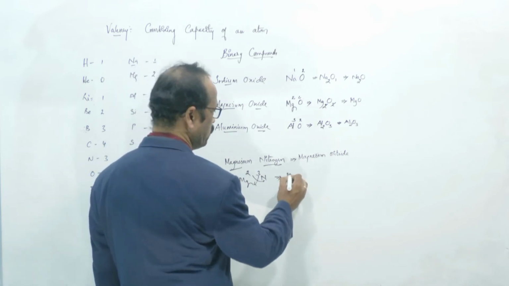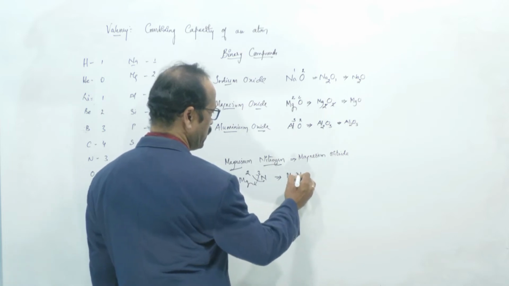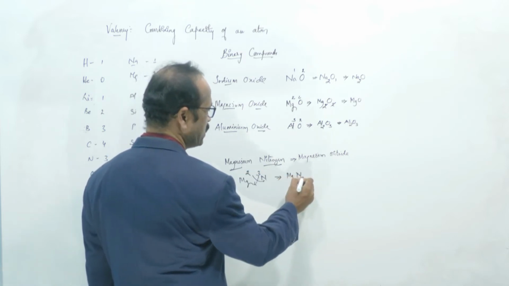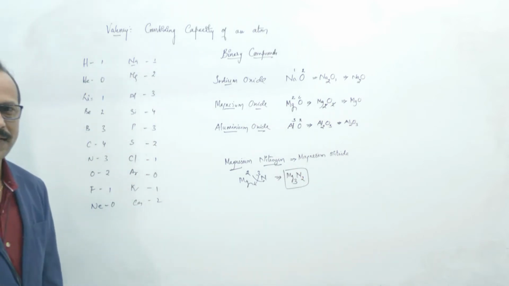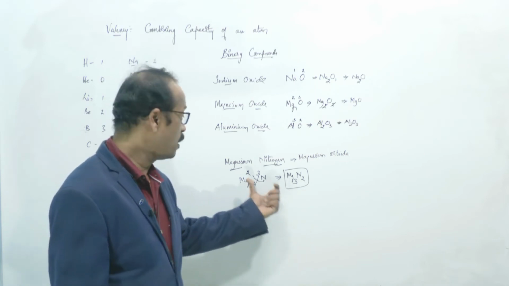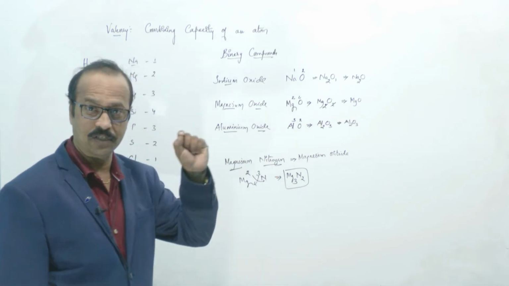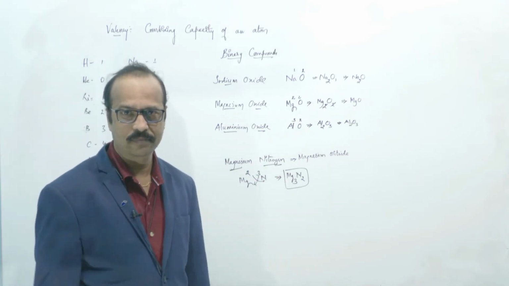So for magnesium we write 3, and for nitrogen we bring magnesium valency 2. That's all. The compound formed between magnesium and nitrogen is called magnesium nitride and its formula is Mg3N2. Clear? Right.